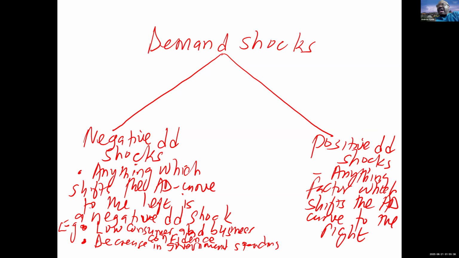But if consumers and businesses have high confidence or are more optimistic about the future, they're going to shift the demand curve to the right, so that's going to be a positive demand shock. So all you've got to do is revisit the factors that shift the aggregate demand curve left and right, which we already talked about in part one of this chapter.